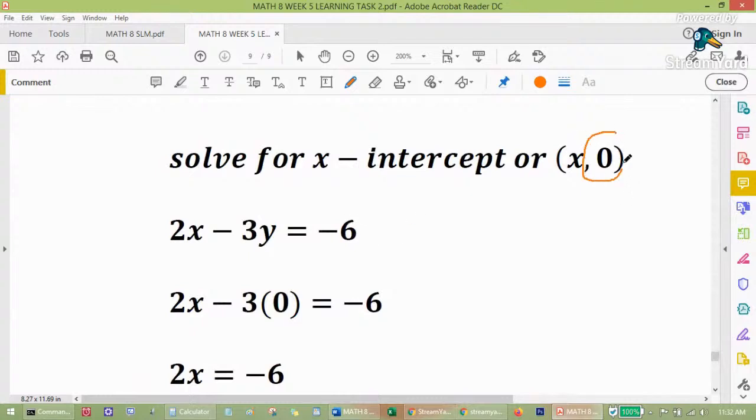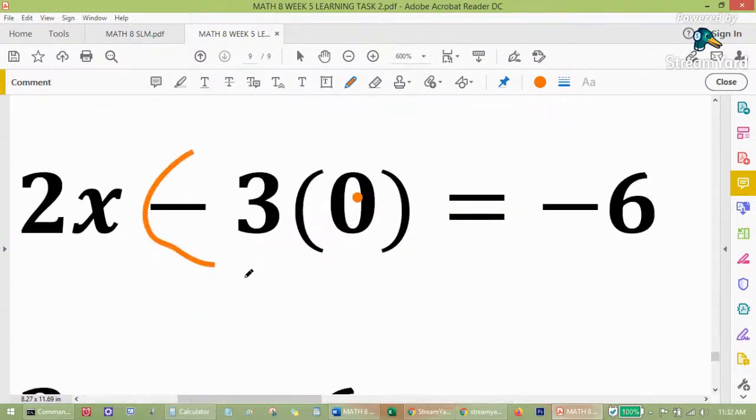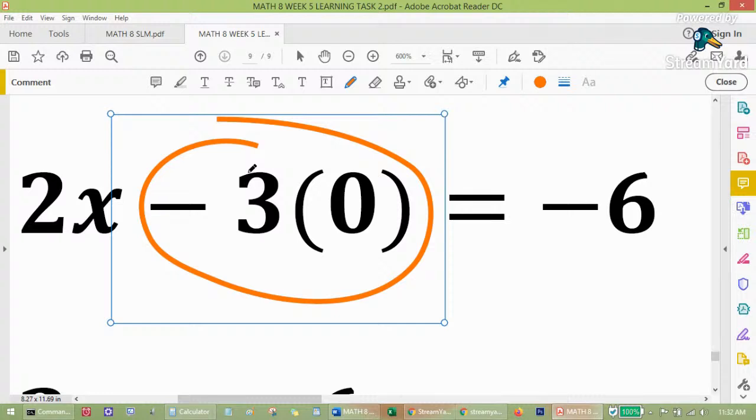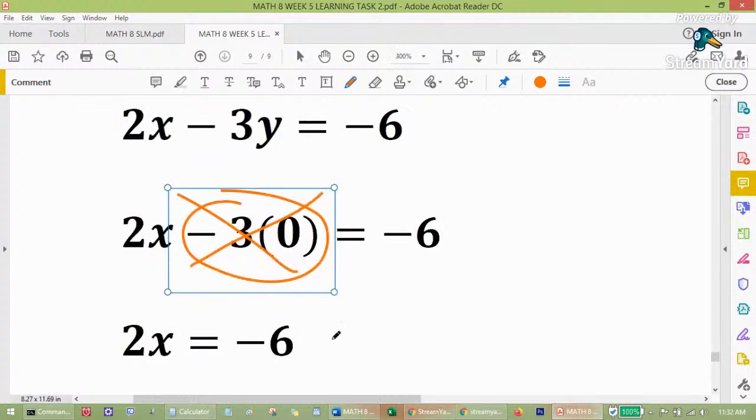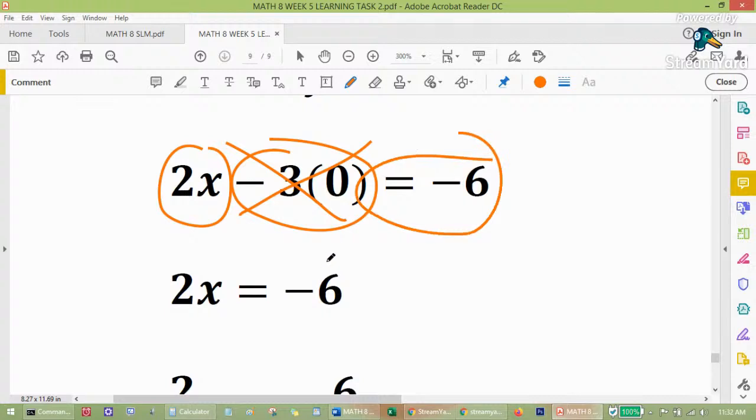Gagawin kong 0 ang y. So, 0 times negative 3, times mo sa 0 is equals to 0. So, mawawala na to. Ang matitira na lang is 2x equals negative 6.